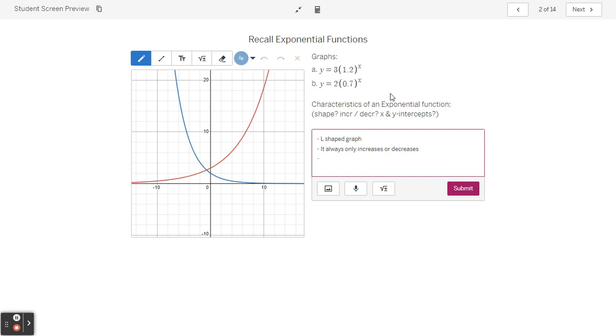The last thing we should note is that a y-intercept exists, but the x-intercept does not, because it never touches the x-axis.